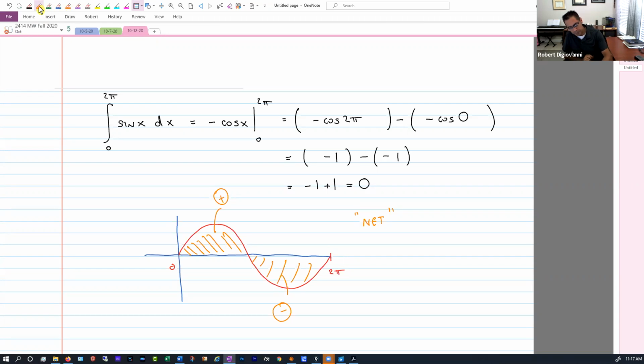Remember that when you're looking at this definite integral, one of the most important things that I wanted you to take away from this was that each part of this definite integral has meaning to it. F of x, if you go back and look at your notes, represented the height of each of those rectangles. And the dx represented the width of each rectangle.